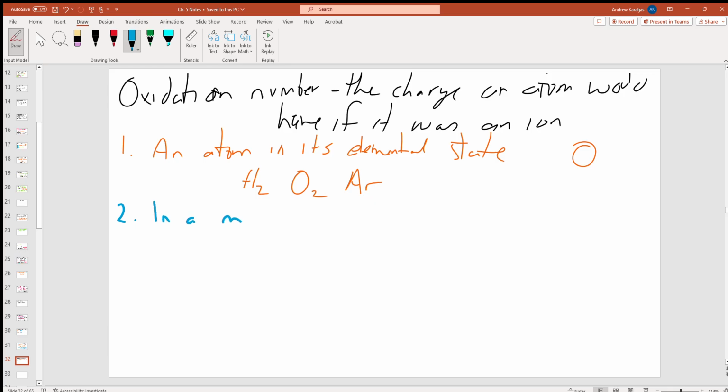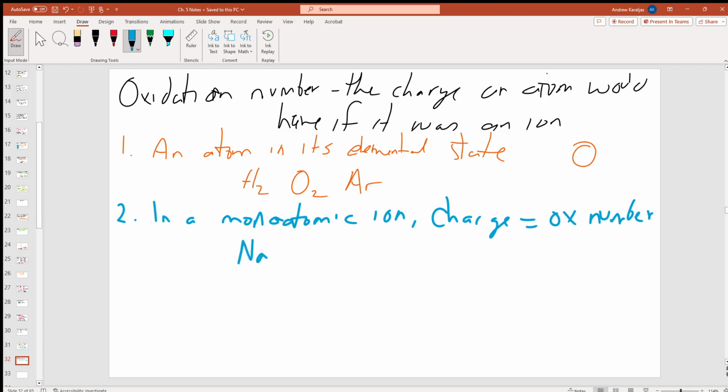In a monoatomic ion, charge equals oxidation number. So sodium plus would have an oxidation number of plus 1. Calcium 2 plus, an oxidation number of plus 2. N3 minus would have an oxidation number of minus 3, and so on.